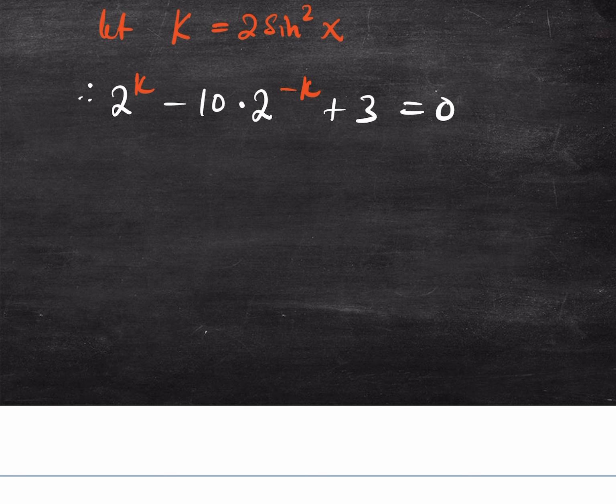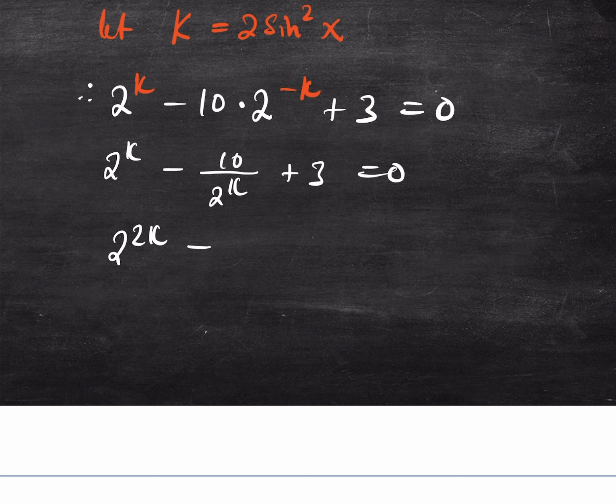So now you can solve for k. How do you do that? So that becomes 2 to the power k minus 10 over 2 to the power k plus 3 is equal to 0. You can multiply throughout by 2 to the k. So if you do that, you're going to get 2 to the power 2k minus 10 plus 3 multiplied by 2 to the power k is equal to 0.